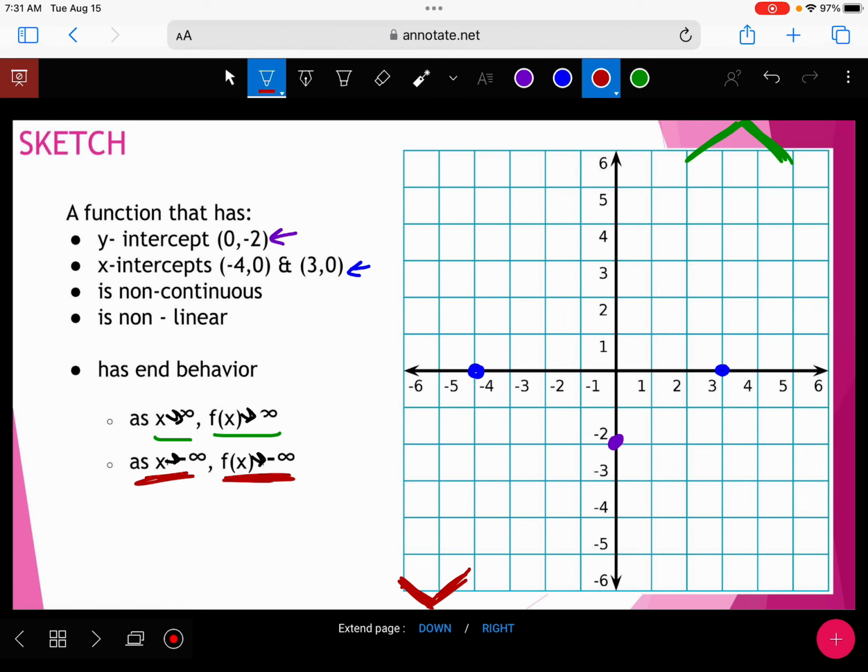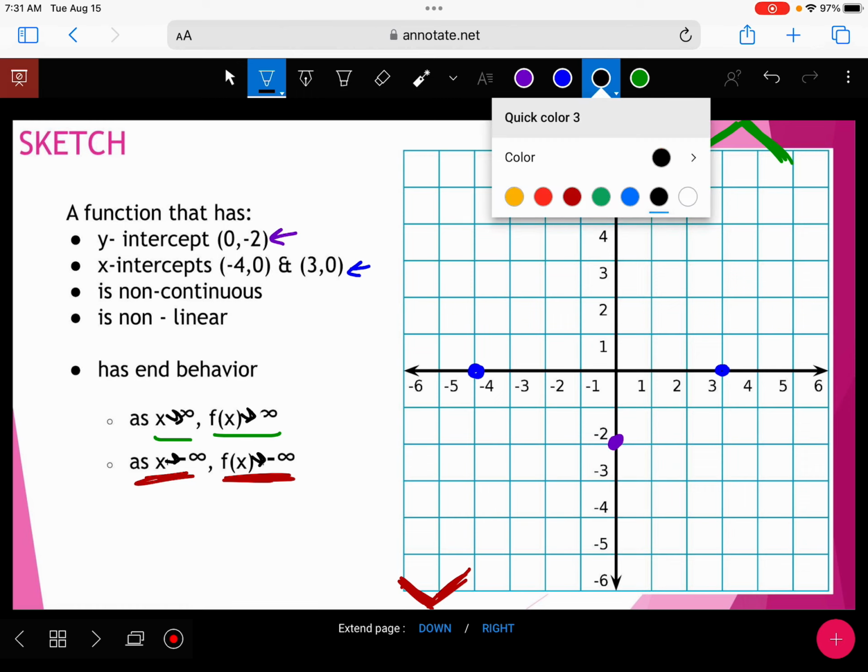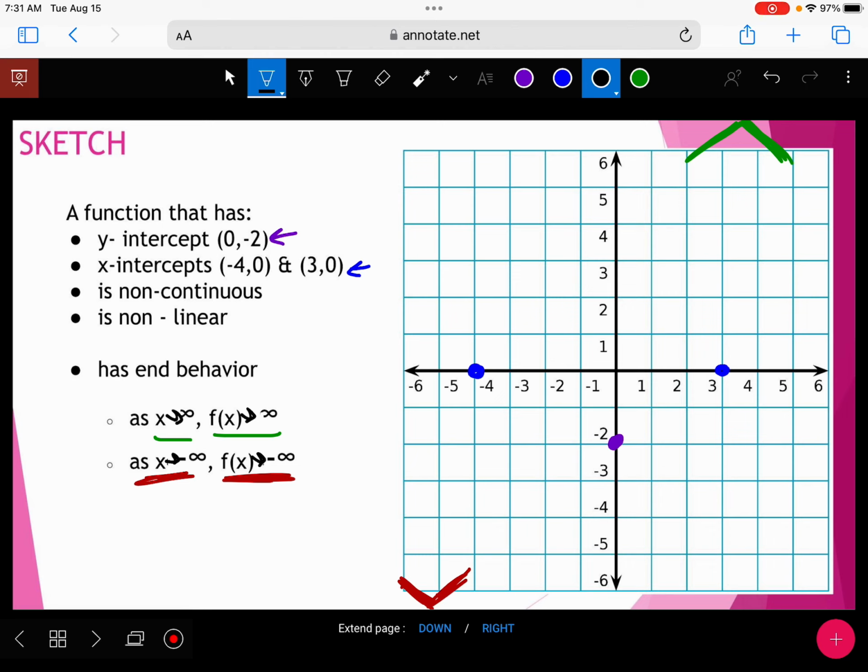So again, there's a gazillion and a half options you can choose. You could connect these guys up and do something like this and just go, oh shoot, non-continuous, poke a hole. That's valid.